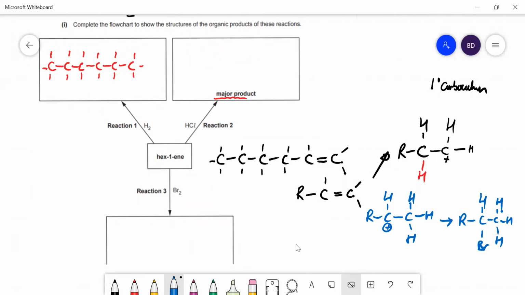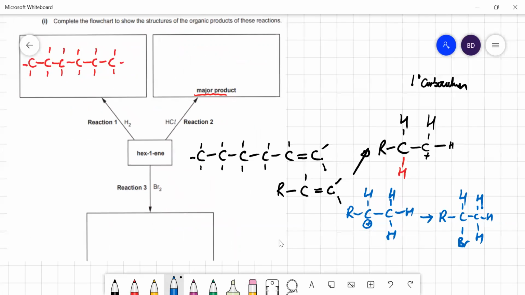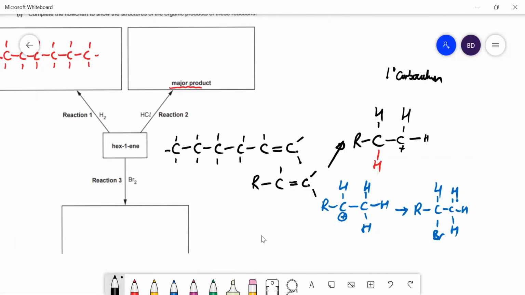In the case on the top there, I'll draw it in black, you'd get it the other way around. The bromine would be on carbon atom number 1. So they're the two possible products. We've got to say which one is the major product. Well, the major product will be this one.